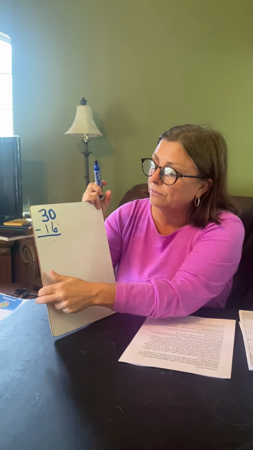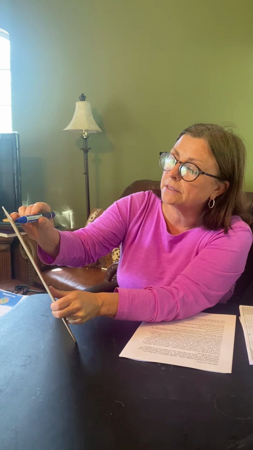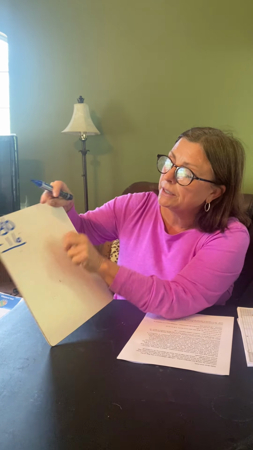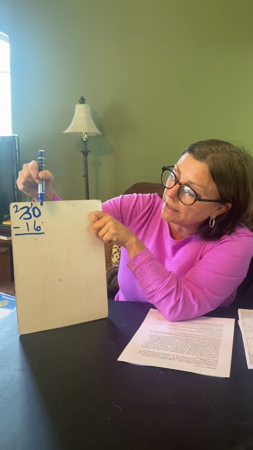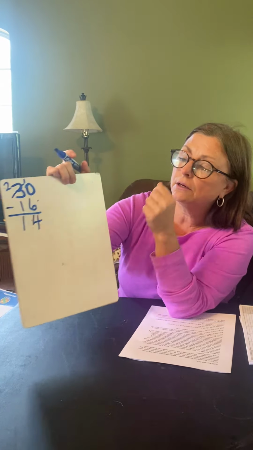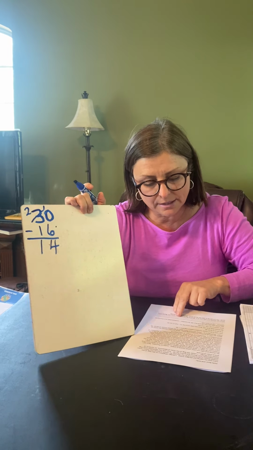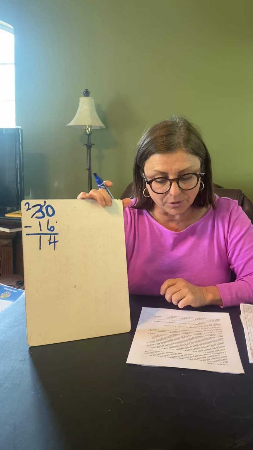We cannot. We've got to go over here and borrow from the tens. We're going to borrow a 10. Now we have 10 minus 6 equals 4. 2 minus 1 equals 1. There are 14 days left in the month of April.